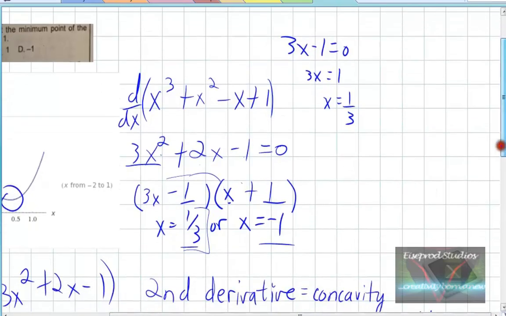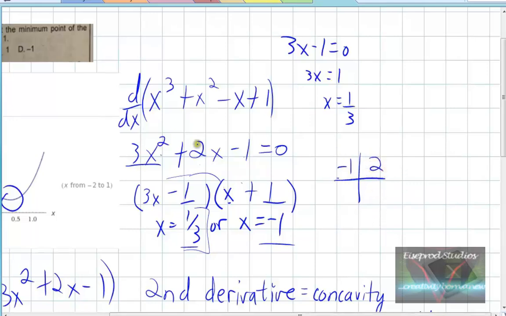Let's try what happens at -1 for this original equation. Well, we're going to have -1 plus 1, which is 0, minus -1 is +1, plus 1 is 2. So at the point -1, we're going to have a value of 2.